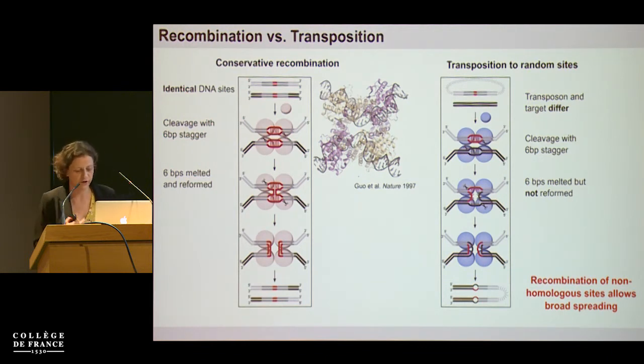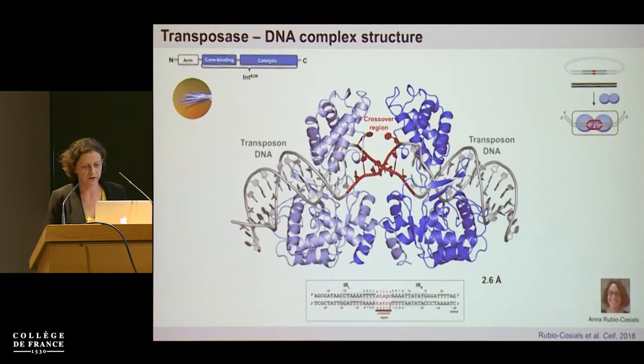So we were very curious to understand how this happens on the molecular level. To address these questions, we wanted to determine structures of the transposase bound to transposon DNA.